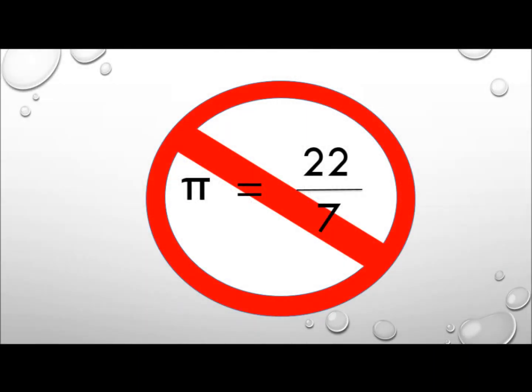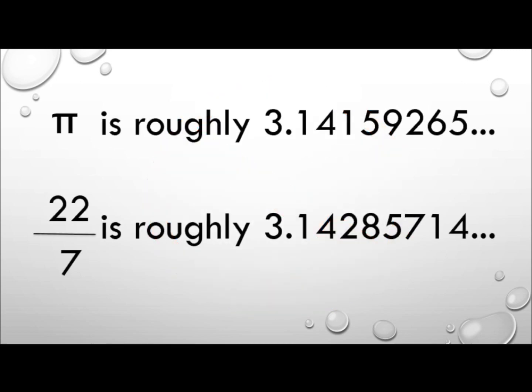Now before we go on talking about circles, I do want to give a word of warning here. Pi is not the same as 22/7. Pi cannot be expressed exactly, but it is roughly 3.14159265 and the digits go on forever.